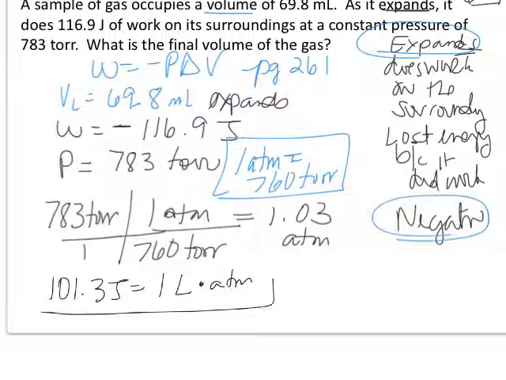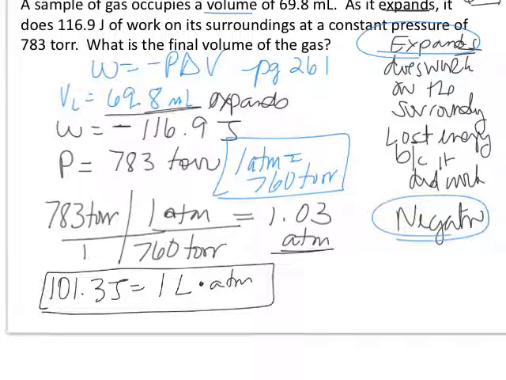You have to memorize that, because you want all your units to be the same. So since we're putting our pressure in atmosphere, we're going to have to convert the volume to liters.